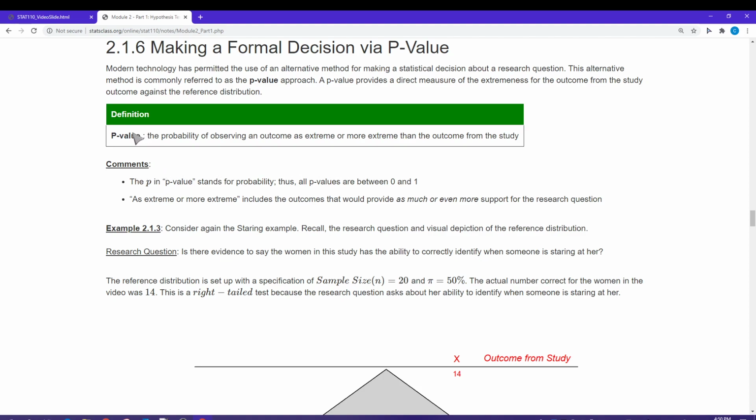This p here stands for probability. So this is a value that is always going to be between 0 and 1. And when we say as extreme or more extreme, this includes the outcomes that would provide as much or even more support for the research question. So when we say as extreme or more extreme, we are talking about values that would support the research question.